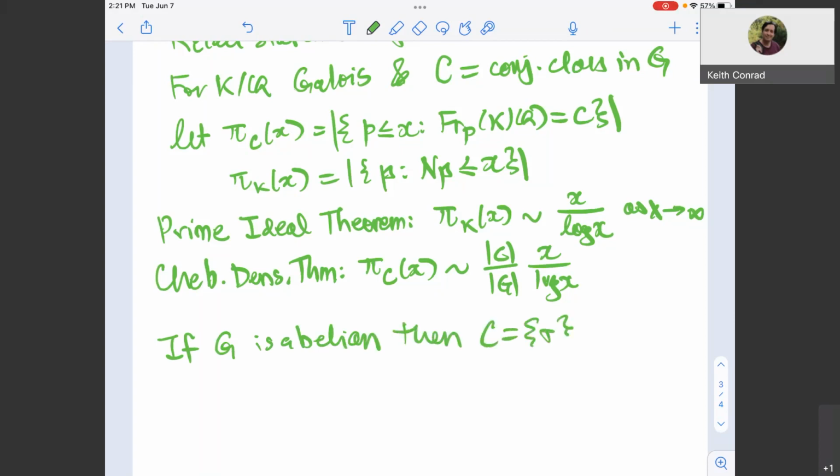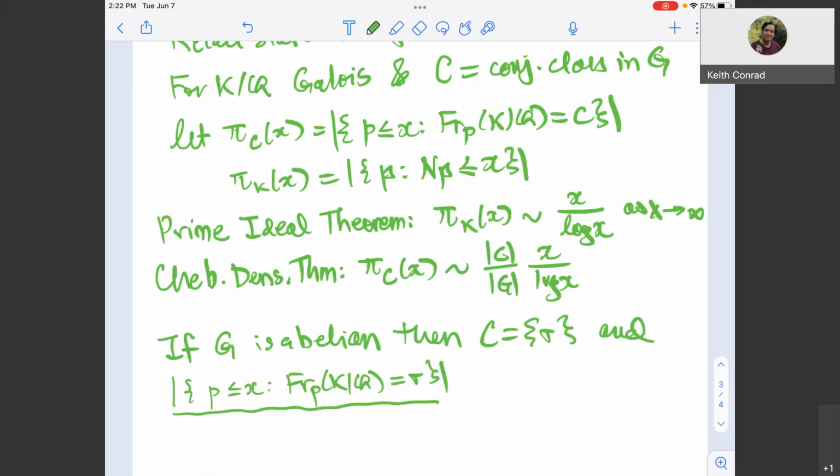Conjugacy classes are individual elements, and the Chebotarev density theorem is saying that if you count the prime numbers whose Frobenius element is this individual thing (remember, it's going to make sense for all but finitely many primes) and divide by the number of primes up to x, which grows like x over log x, then this is asymptotic to 1 over the size of the group, the reciprocal of the size of the group.